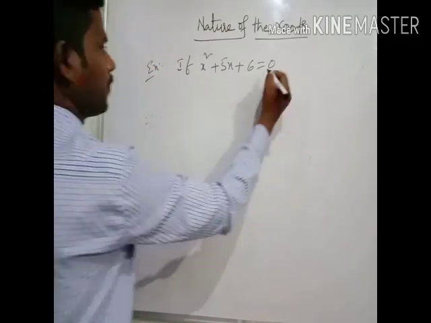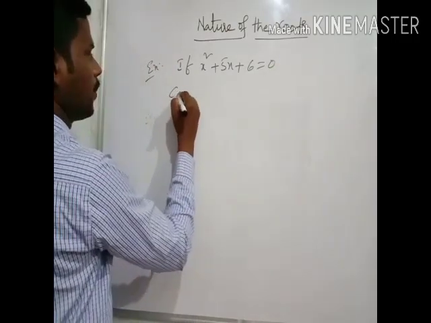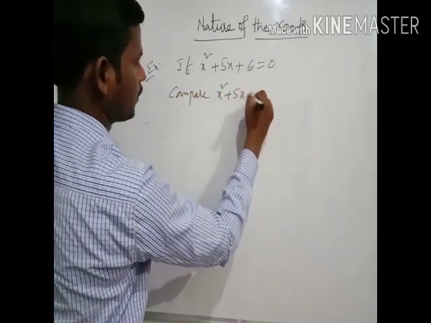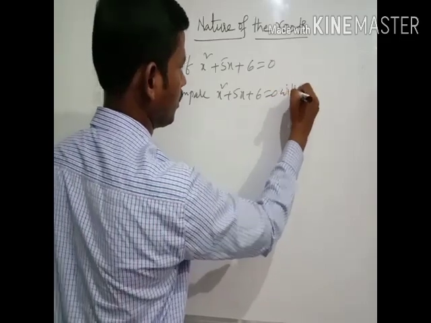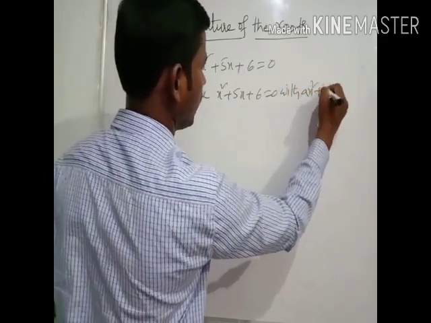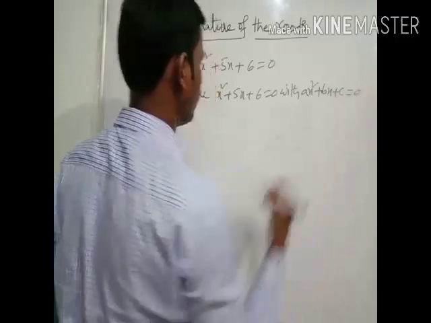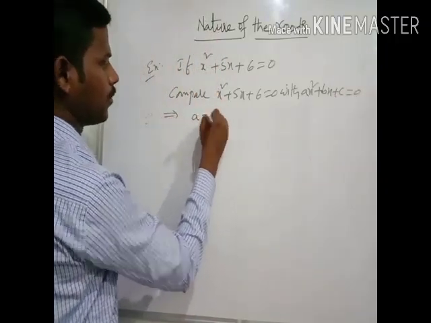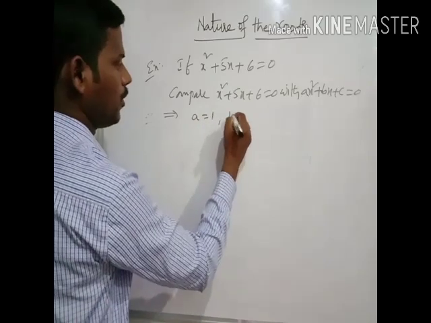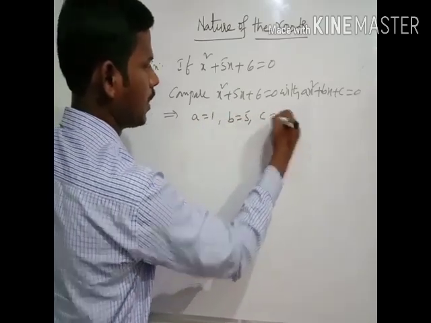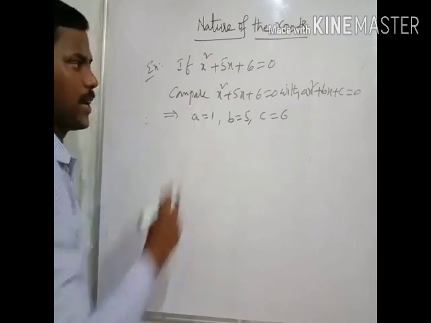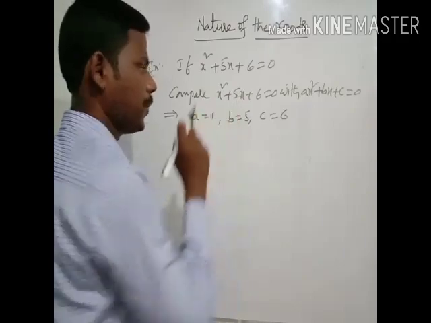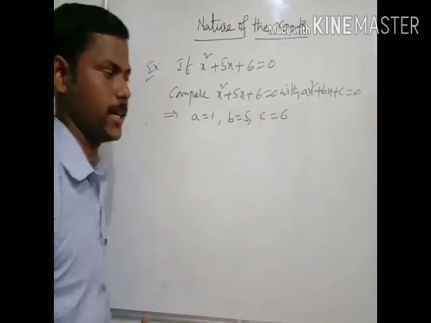So compare x square plus 5x plus 6 equals 0 with ax square plus bx plus c equals 0. Then what happens, children? a value 1, b value 5, c value 6. Comparing the coefficients, children: x square coefficient is a, x coefficient is b, constant is c.